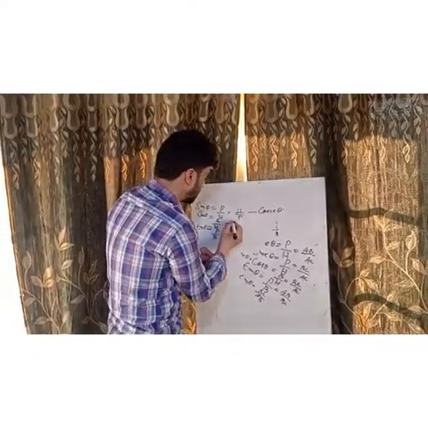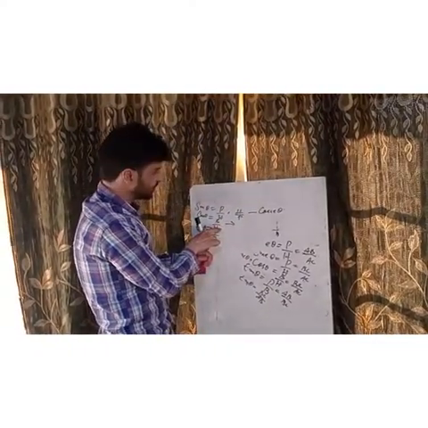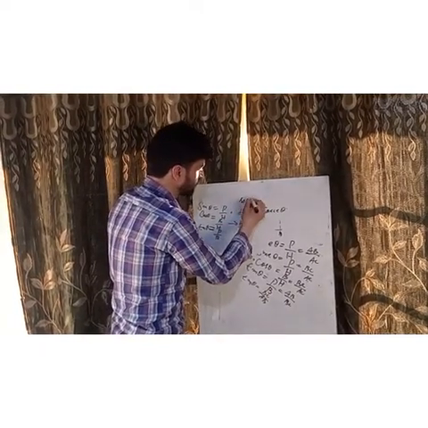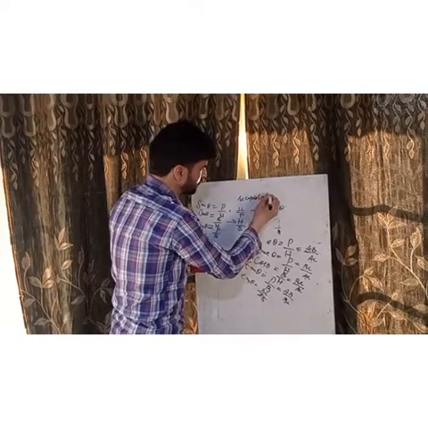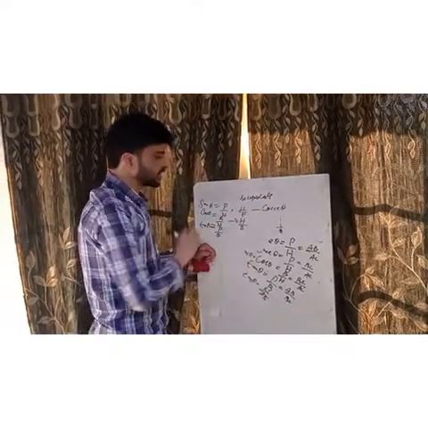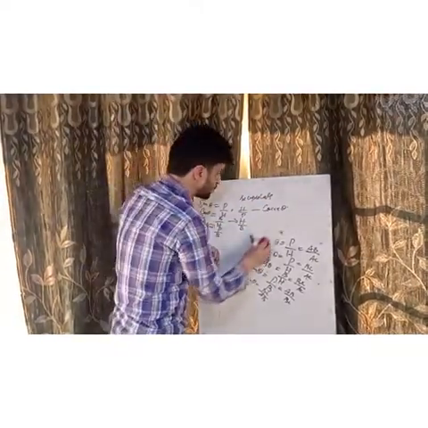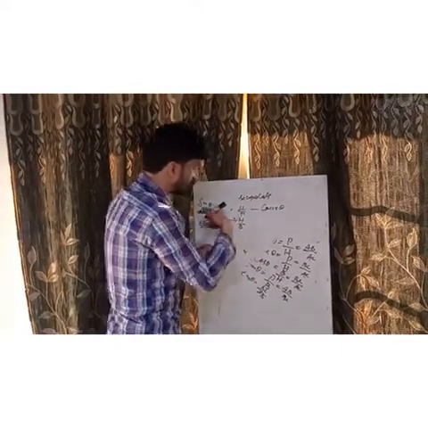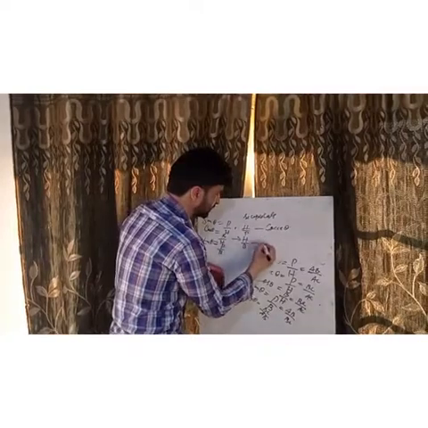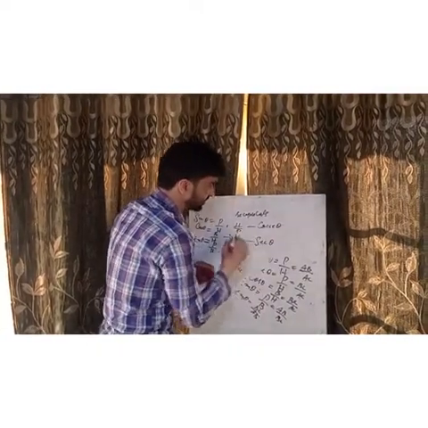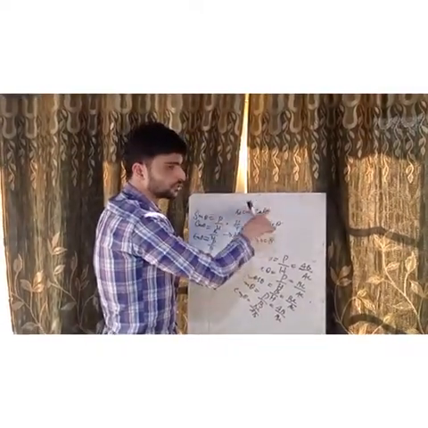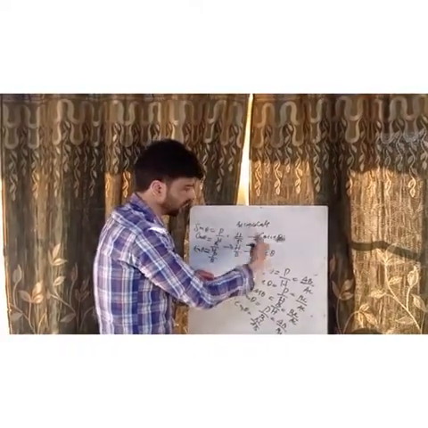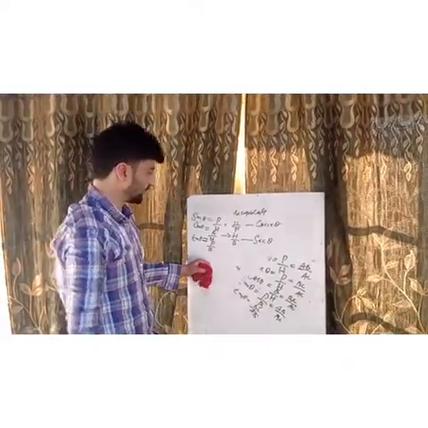If we take the reciprocal of cos, it becomes hypotenuse by base. Its name is sec of theta. Its full form is secant of theta; we name it briefly sec of theta.